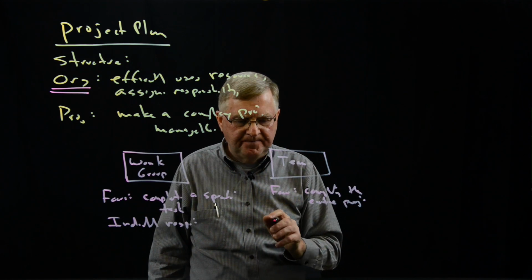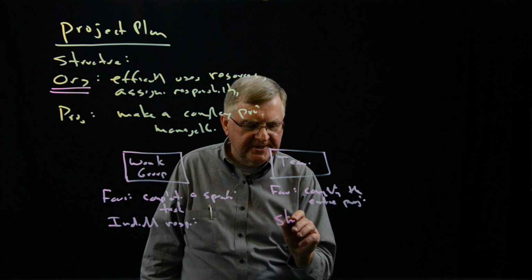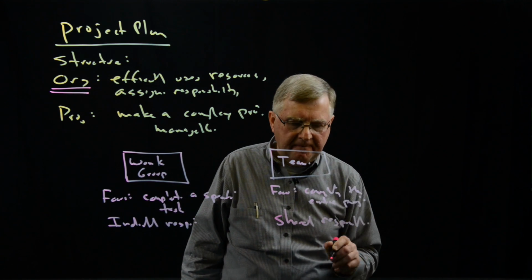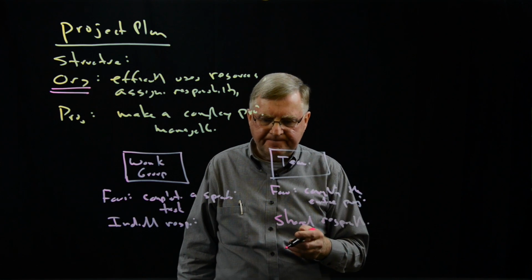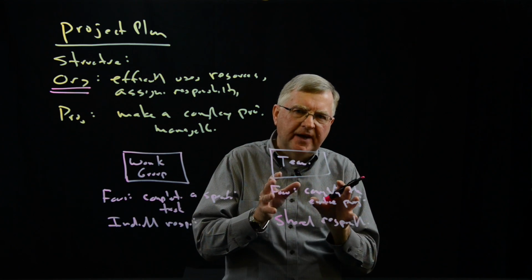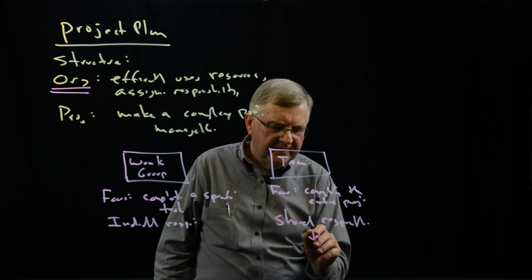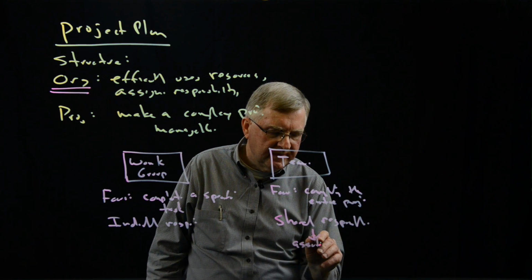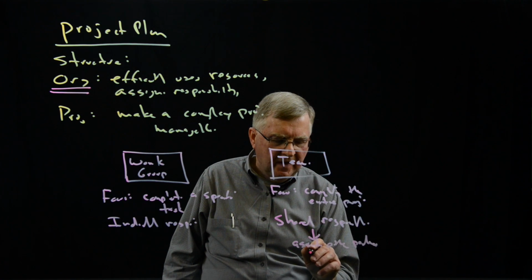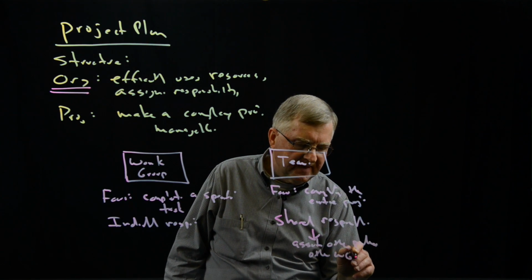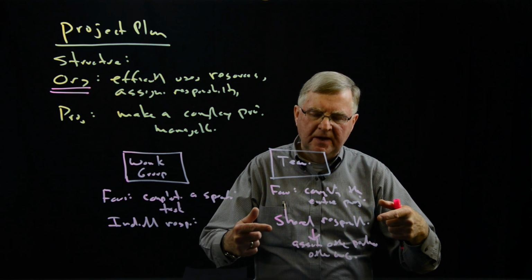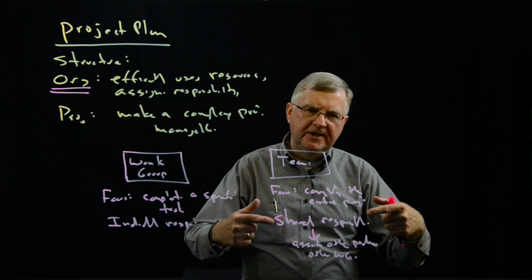In a team, there is shared responsibility. Shared responsibility is when members of the team are done with their particular task, they move on to assist other people, other work groups as necessary. Because there's shared responsibility, we're not successful as an individual.